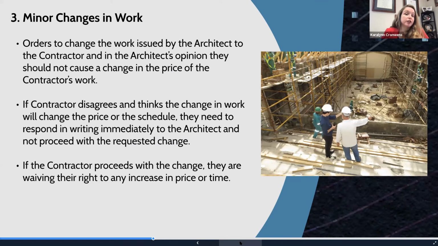If the contractor agrees that there's no increase in price or time, then they move forward with the minor change in work. If the contractor disagrees, the main key is don't move forward with the work, and give back a written notice of why you think you would be entitled to an increase in price or an increase in time. If you move forward without objecting, you waive your right to that extra time.